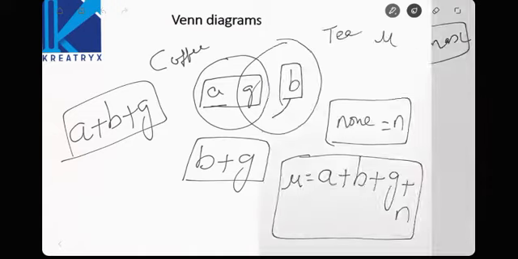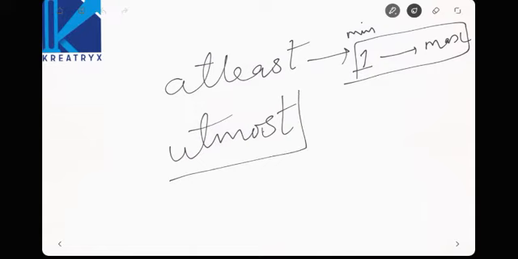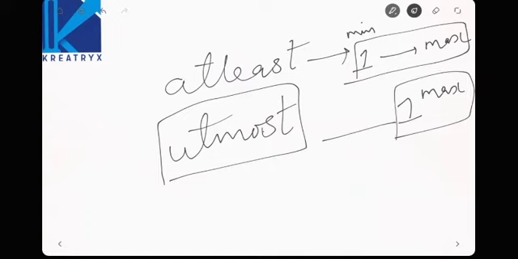Now, at most means your maximum limit must be the given number. If you are asked to find out the alphabets where the persons are taking at most one drink, at most one drink means your maximum limit must be 1, and it can be below 1. Is there anything below 1?